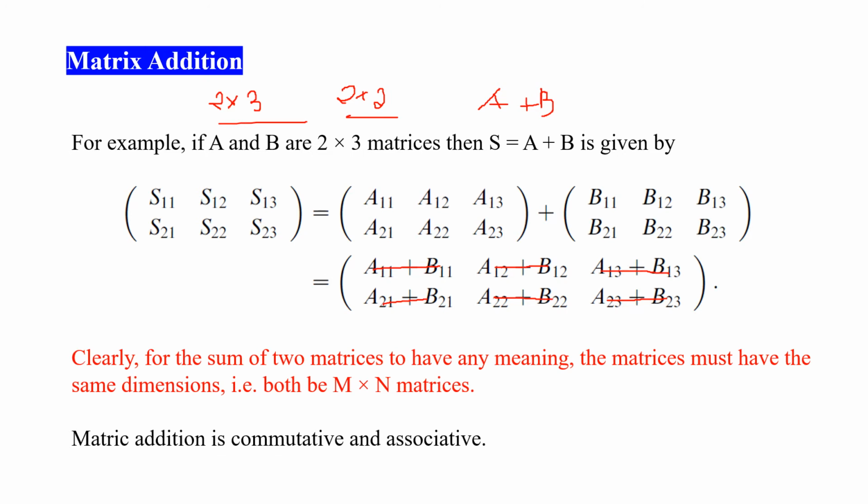Either you both have 2 by 3 matrices, or you both have 2 by 2 matrices. And matrix addition is commutative and associative, so A plus B is equal to B plus A.